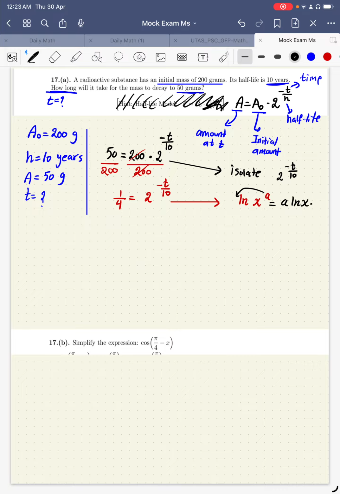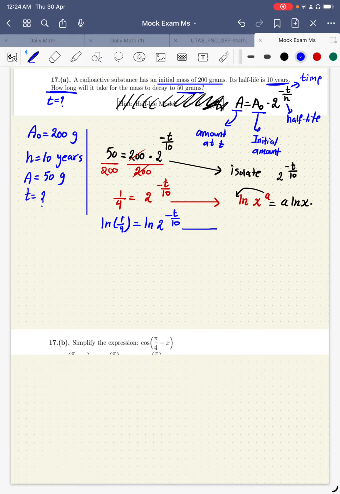So we're gonna take the ln of both sides, so we can get minus t over 10 down. So I'm gonna have ln of 1 over 4 equal ln of 2 to the power minus t over 10.